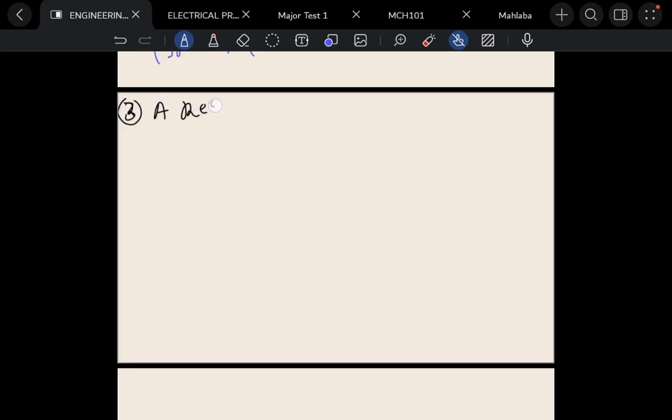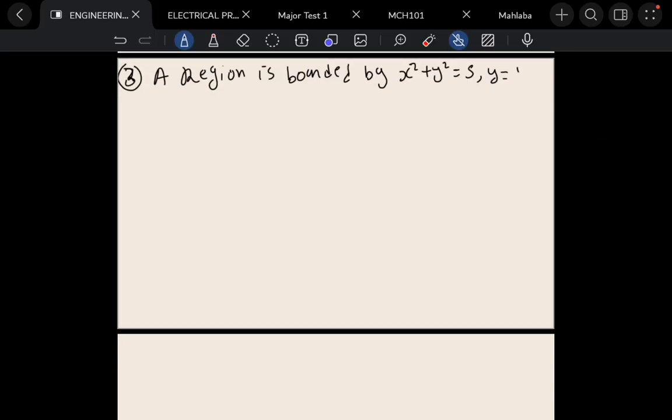A region is bounded by x squared plus y squared is equal to 5, y is equal to 1 over 3x, and x is equal to 0.